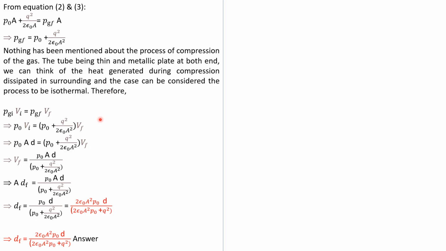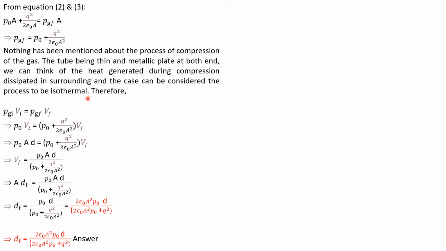So what we should think is that during the compression, the heat which was generated and was changing the temperature of the gas has been dissipated through the metallic piston to the atmosphere, and the temperature of the gas was throughout the same. So we can consider this case as an isothermal condition.